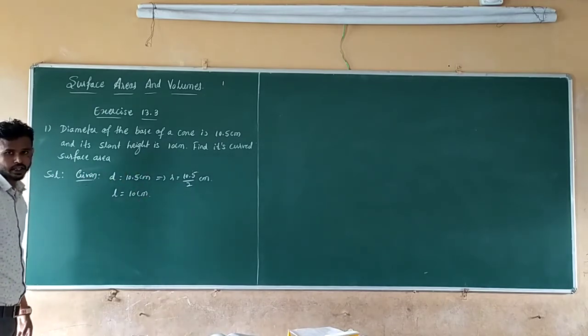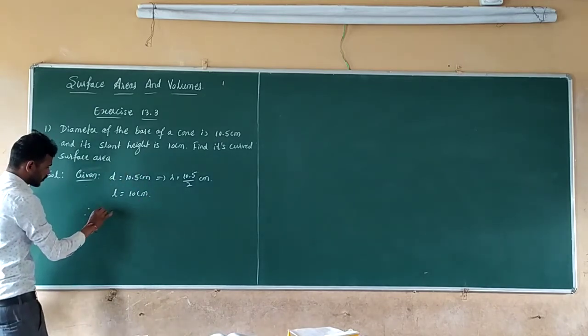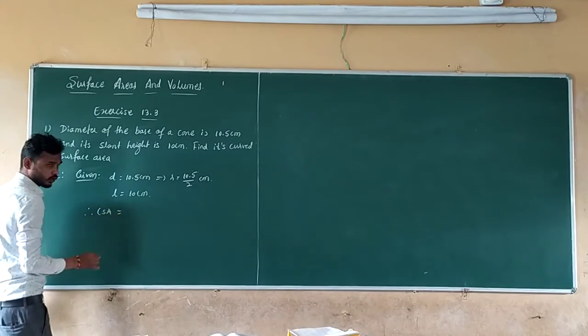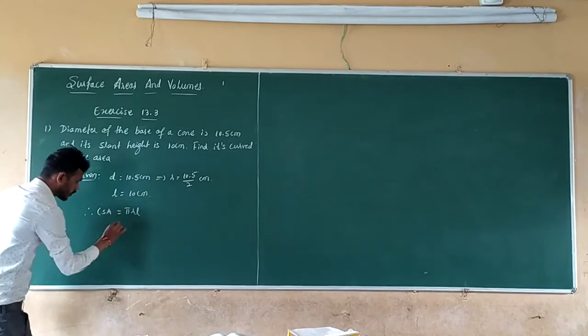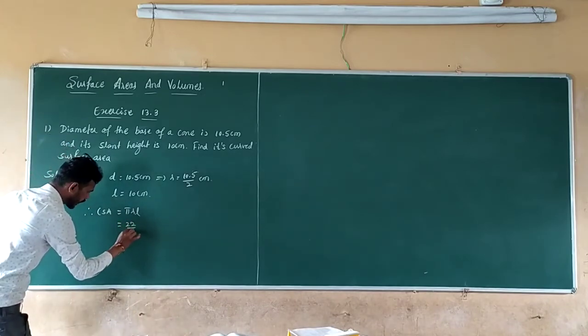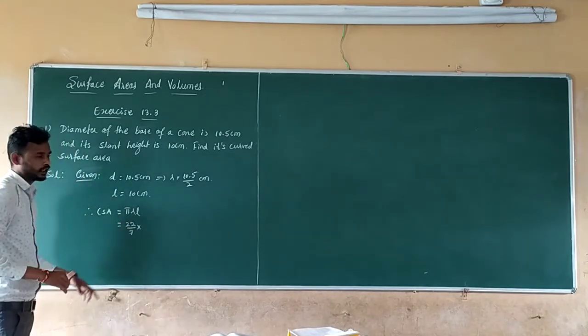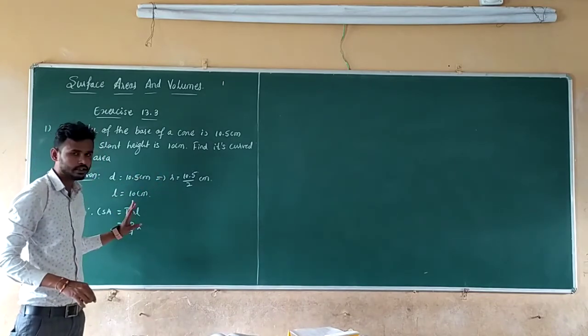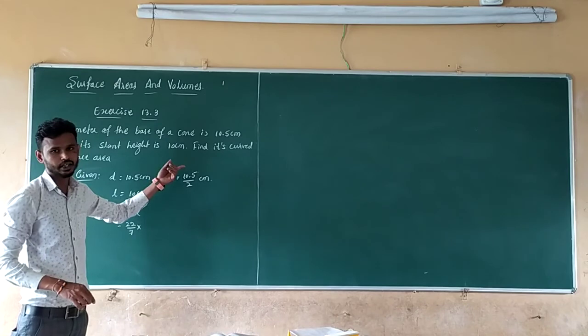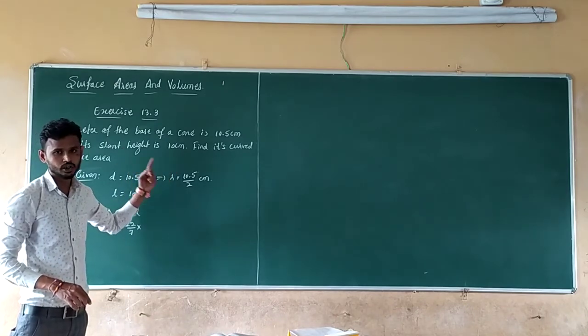So what they said to find? CSA, curved surface area. Therefore, CSA equals pi r L. So pi value is 22 by 7. If they have not mentioned anything about pi, always take 22 by 7 only. If they have mentioned to take pi as some value, then you should take that.